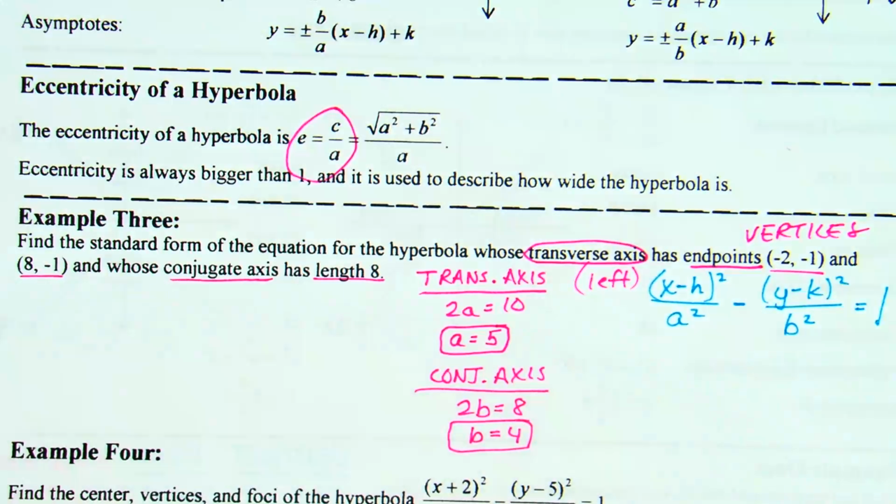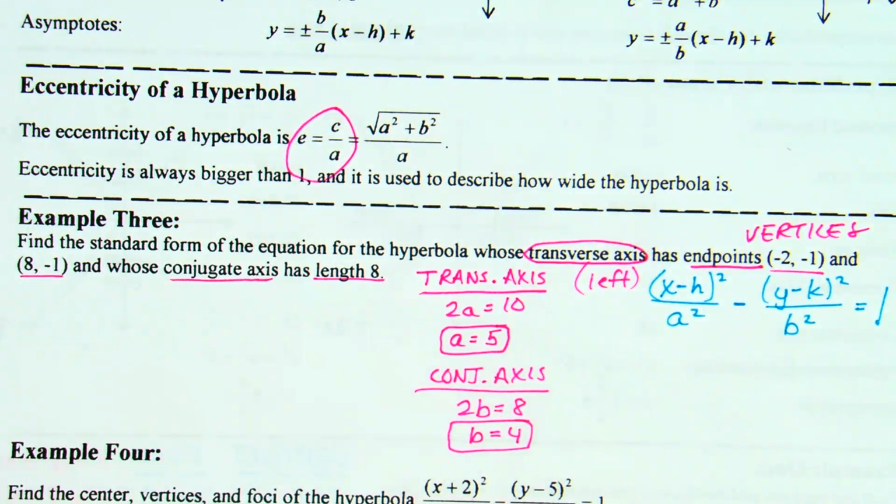The other thing we haven't found is h and k. Technically we should know c, but it doesn't say we have to graph this, so we can get away without finding c on this one. H and k. Can you do it without graphing it?